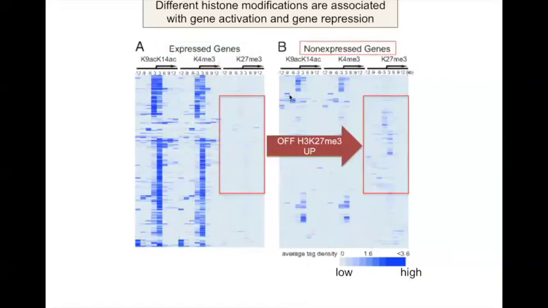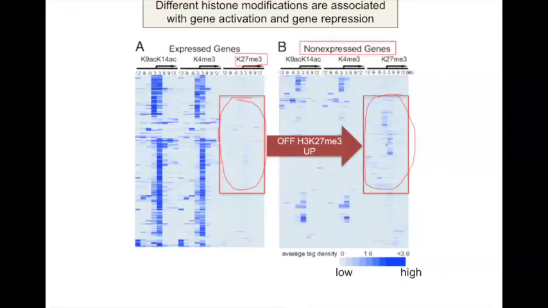There is also a signal for turning off genes, and that's shown here. So for example, lysine 27 trimethylation is absent from genes that are turned on, whereas when genes are turned off, we see an increase in the amount of lysine 27 trimethylation on those same genes.